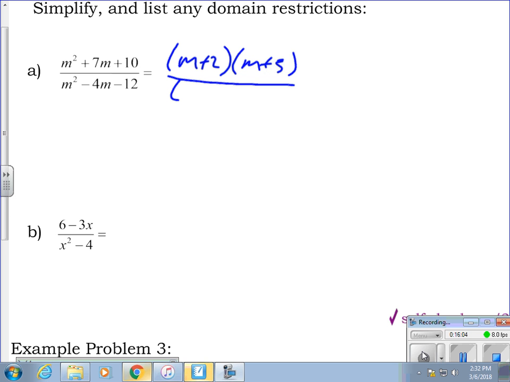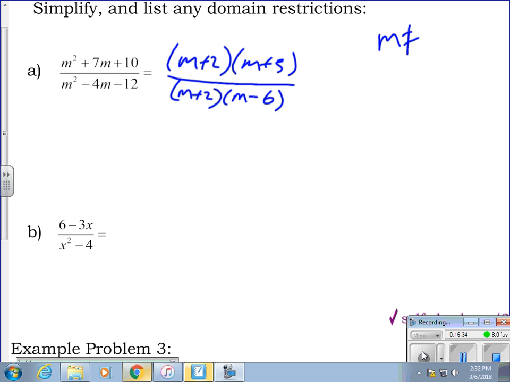So it's not going to be 5, because 5 times something doesn't give you 12, but 2 times 6 does. So you get m plus 2, m minus 6. Generally speaking, if you can factor one easily, factor your numerator or denominator, that should give you a hint for the factors of the other one. Okay?